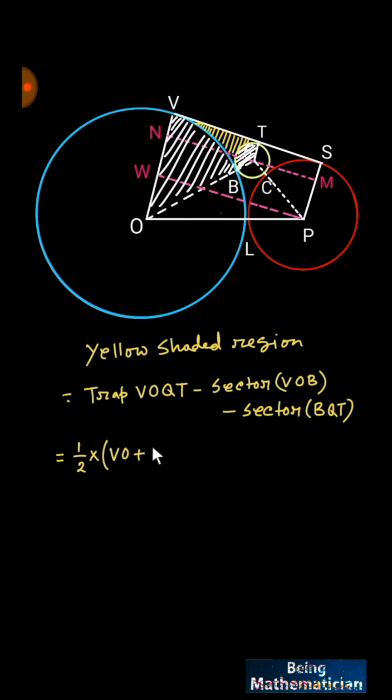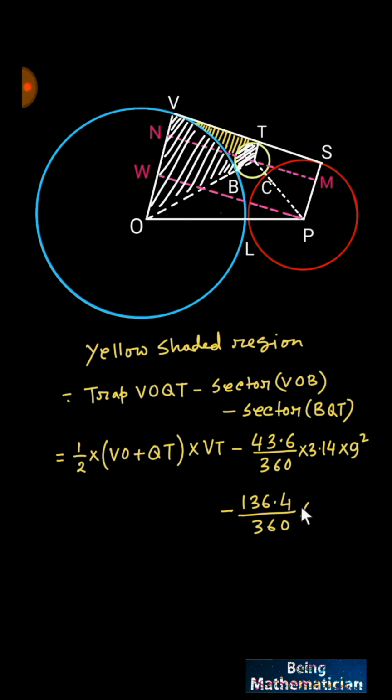So BO plus QT into height BT, minus the area of sector BOB, which is 43.6 by 360 into 3.14 into 9 square, that is the radius of the blue circle, minus the area of BQT, which is 136.4 divided by 360 into 3.14 into 1.44 square.